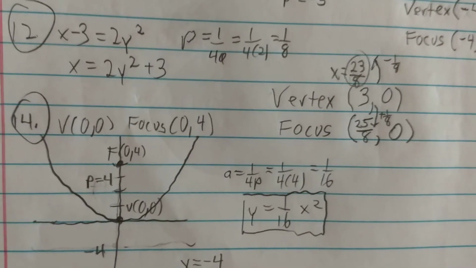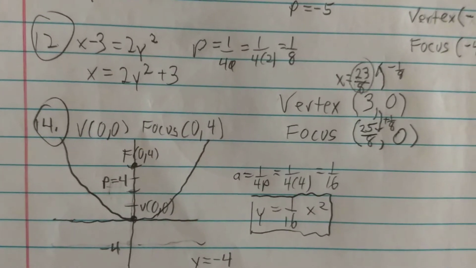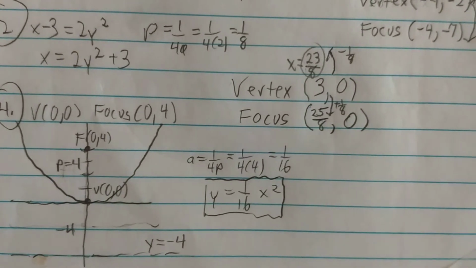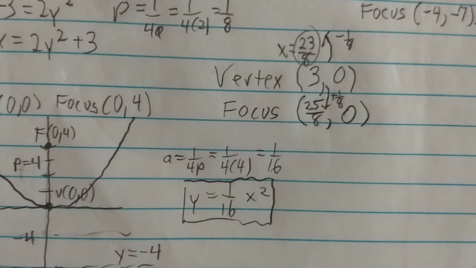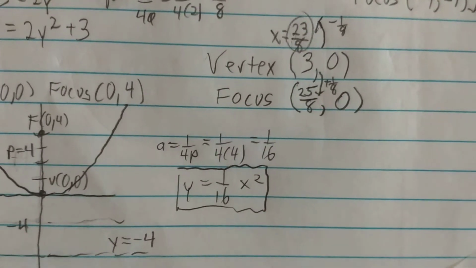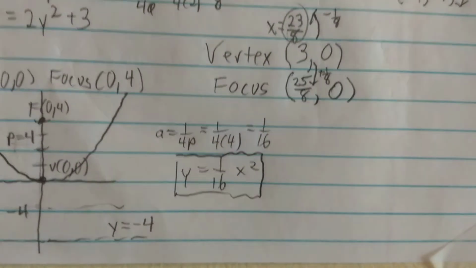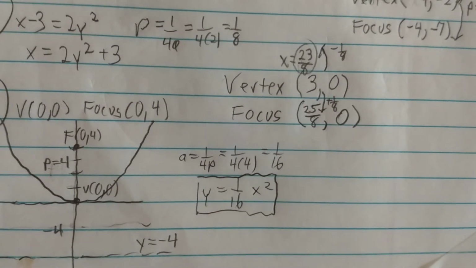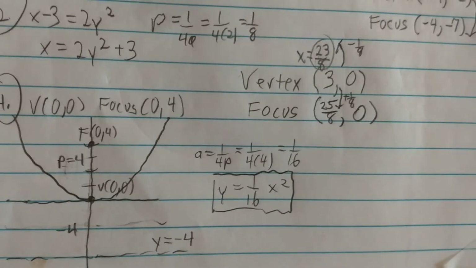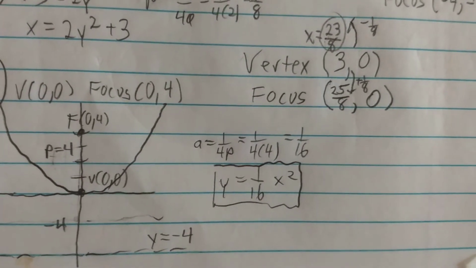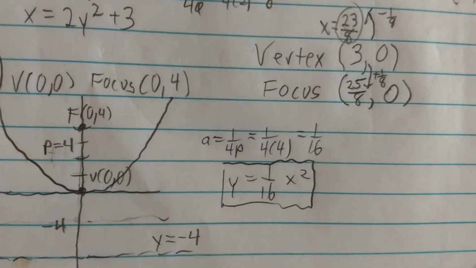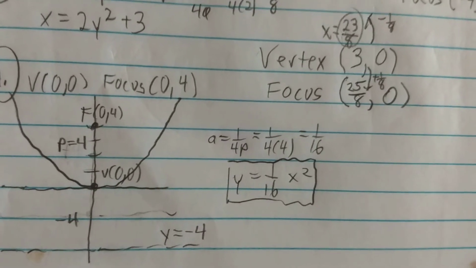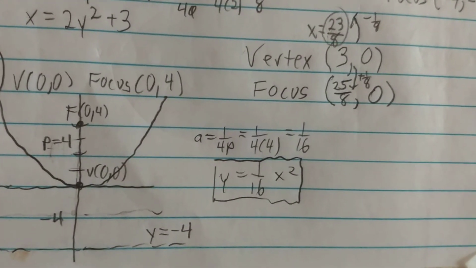And so the vertex being at 3 for x, comma 0, the p being 1/8 is going to go up to the focus on the x. 3 is 24/8, and up 1/8 is 25/8. And then, so it's going to the right, and the directrix line is 1/8 behind the vertex on the x-axis, or a vertical line of 24/8 minus 1/8, or 23/8. That's how I get behind it, and it opens to the right.